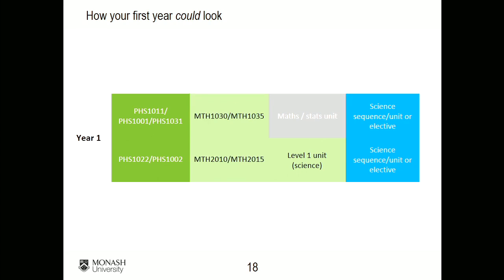Another example is a combination of physics. There's a range of physics units at first year depending on what you've completed at VCE level. You also have these maths units which also count towards your maths requirement, and you can potentially take units from the Faculty of IT.